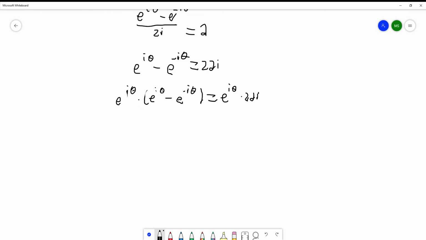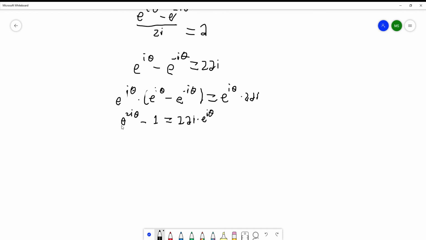This will be e to the i theta squared, but we can multiply the exponents. So we get e to the 2i theta. This multiplied by this will be 1, so that's minus 1. And this equals 2ai times e to the i theta.